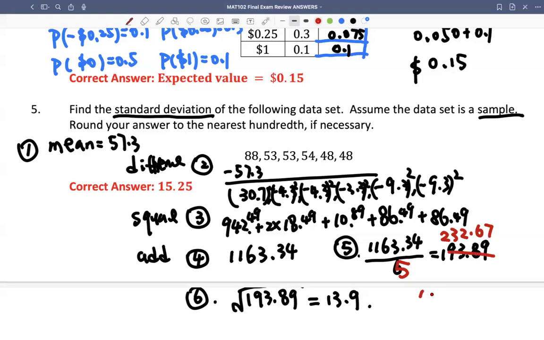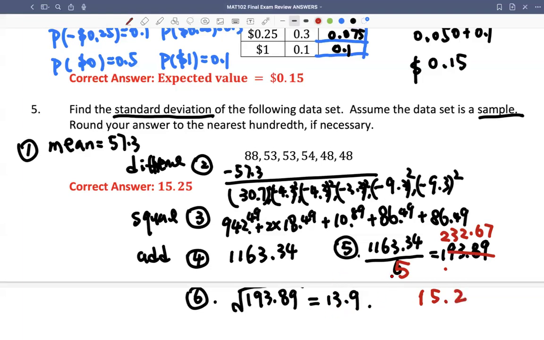It will probably be, let's see, because 15 squared would be 225, so maybe 15.3, about 15.2.